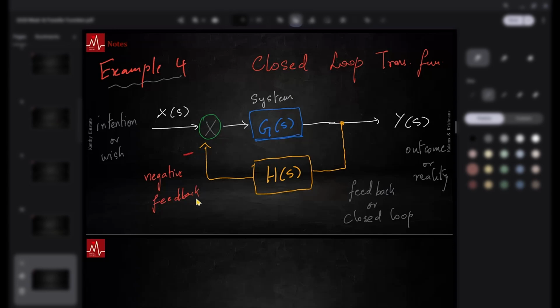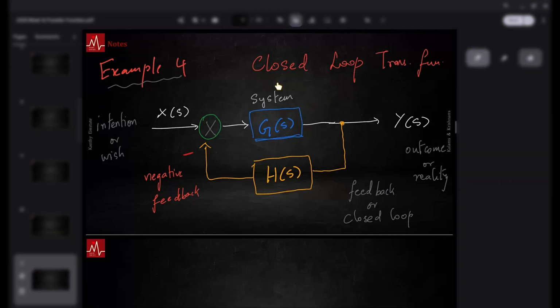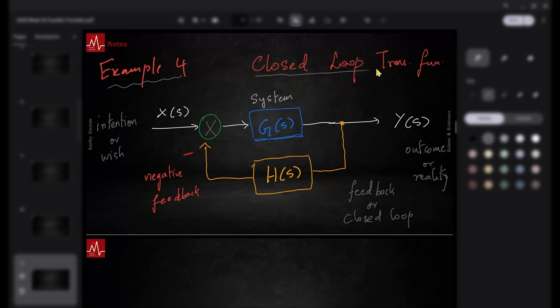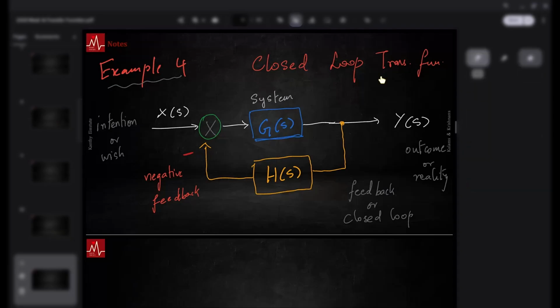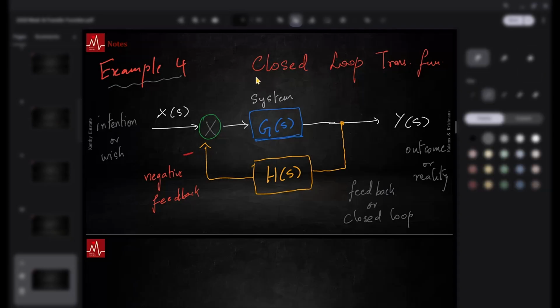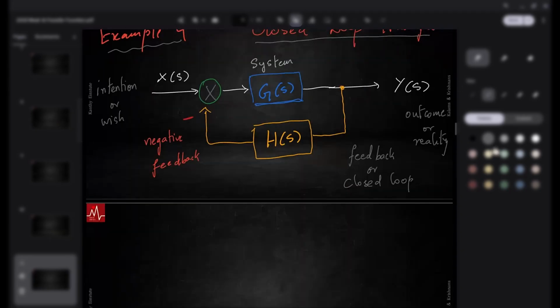Does anyone know the closed loop transfer function for this? I'm going to give that to you. If you can recall that, you can solve one control system problem. Before I give that, you need to recall it. I'll also show the derivation. It's just 2 lines. Does anyone know? Okay, so this is going to be the transfer function here.